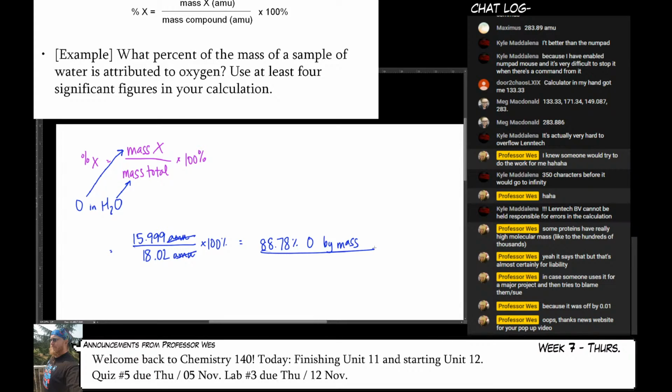And by extension, any mass of water that I give you will be 88.78% oxygen. So for that 1 pound of water that we just had before, 0.8878 pounds would be oxygen. The other 11.3% or so would be attributed to hydrogen.